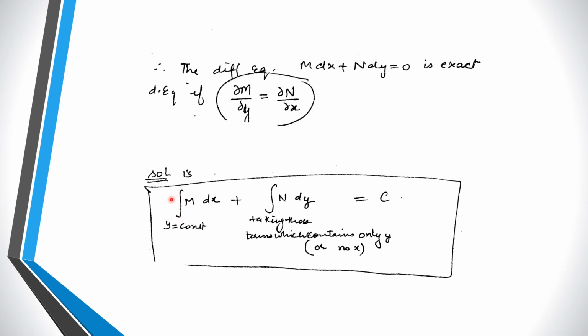And you have to integrate the M function with respect to x by treating y terms as constant, plus the integration of N with respect to y, but now you have to consider only those terms which contain only y, or you can say which contain no x, is equal to c. So this is the solution of the differential equation.